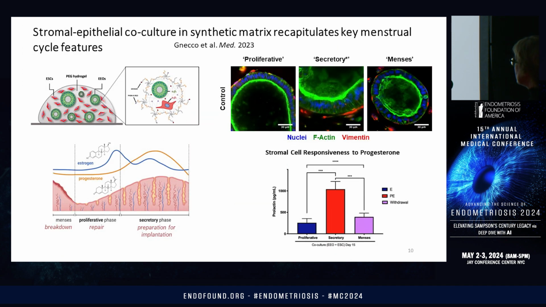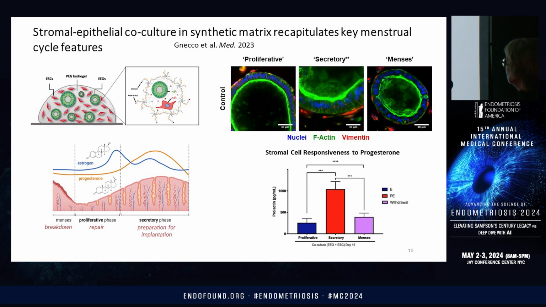But in Juan Necco's postdoc work, he showed that you could support co-cultures of endometrial organoids and stroma and take them through a simulated menstrual cycle by adding progesterone and estrogen, and then actually, at the end, you could add mifepristone and block estrogen signaling and simulate a menses. And so features, morphologic features, biochemical, and other features in these co-cultures, the red are stromal cells.